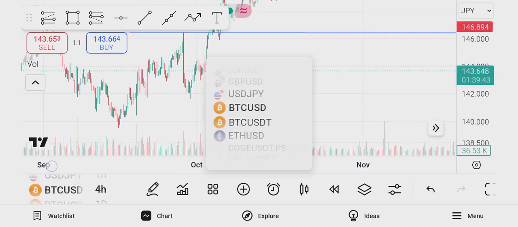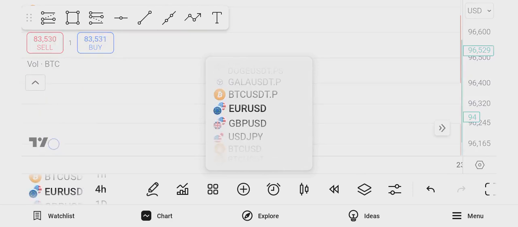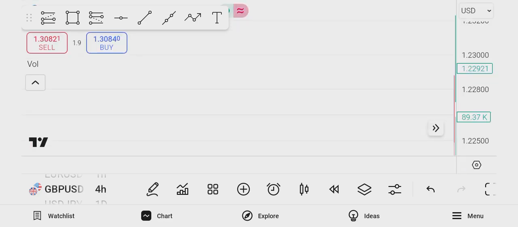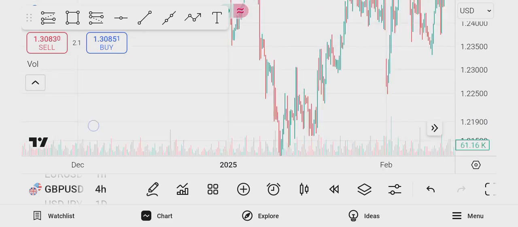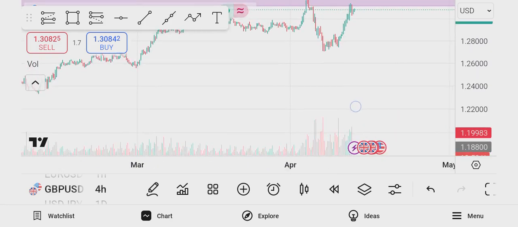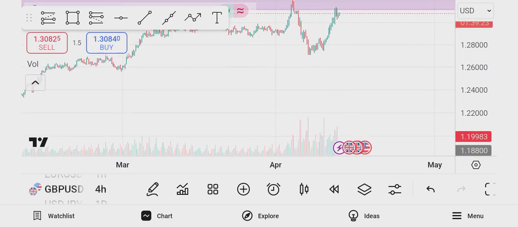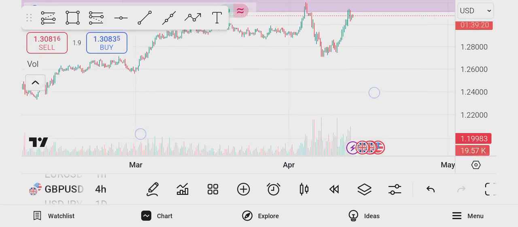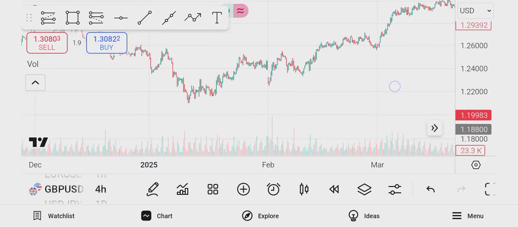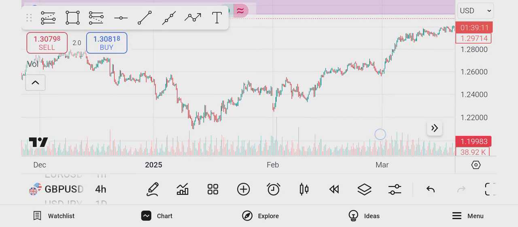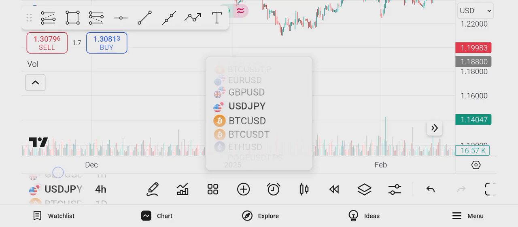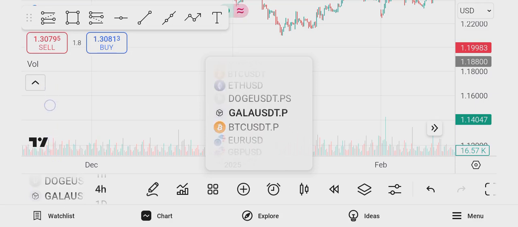Let me check another pair. Let me check another pair. We need to see a perfect example.